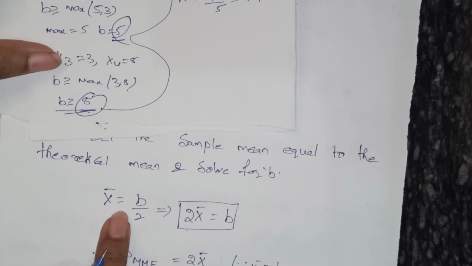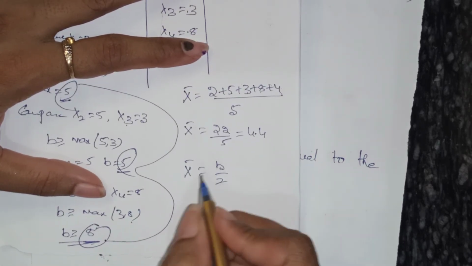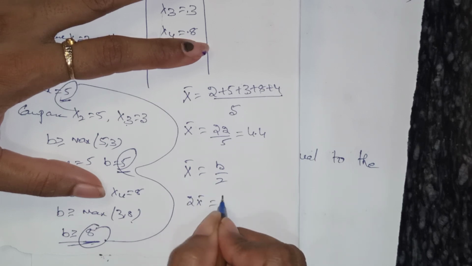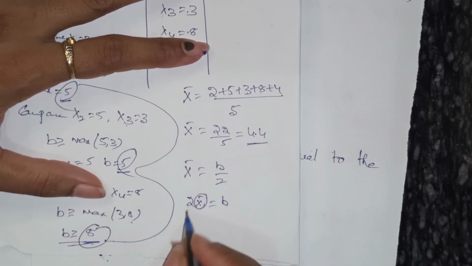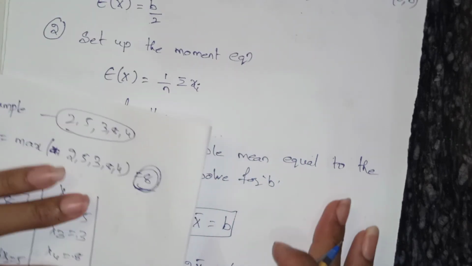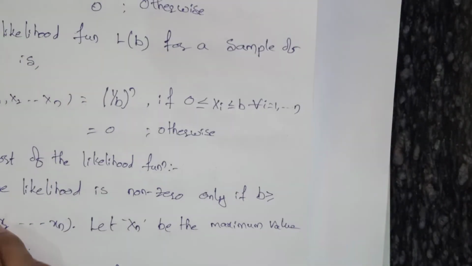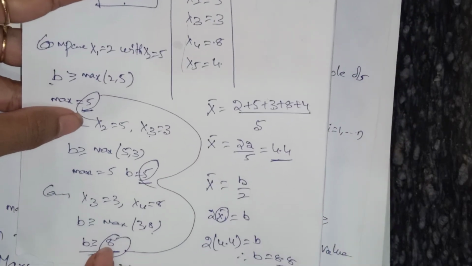So now what is the formula here? x bar equals B by 2. So that is nothing but 2 x bar equals B. Isn't it? So now what is the x bar value here? 4.4. So 2 into 4.4 equals B. So therefore B value equals 8.8. Okay. So if you observe, in the previous method, maximum likelihood estimate, we got B value as 8.